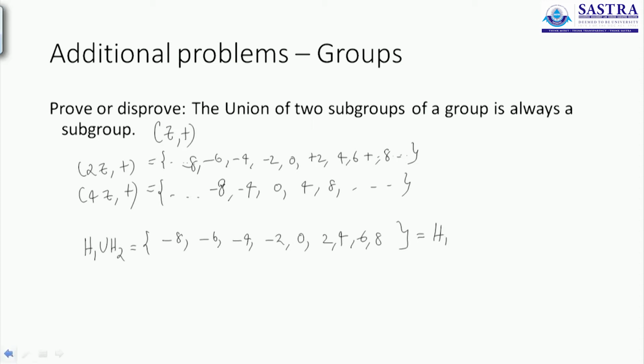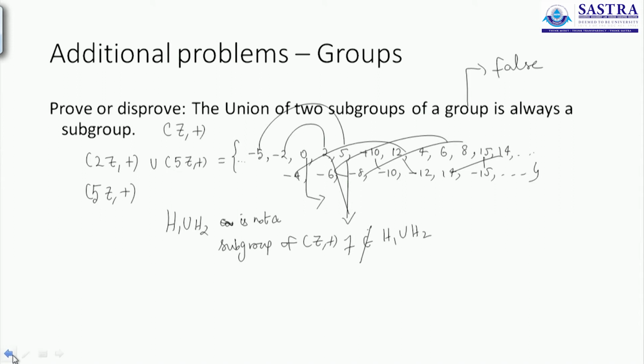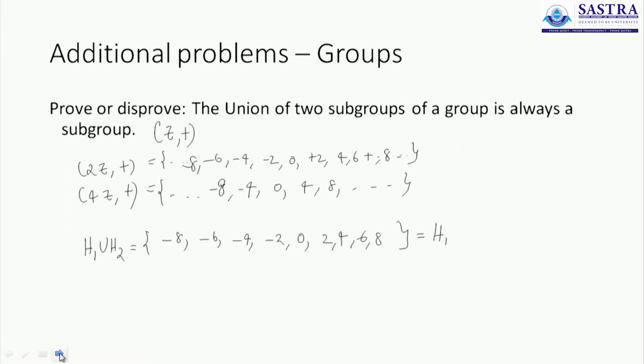But it was not so in the previous case. The union was neither 2Z plus nor 5Z plus. It was not H1, it was not H2, it was totally something else. That is why it failed in the previous case. That is why it is still holding good in this case. The union of two subgroups is one of the two subgroups.